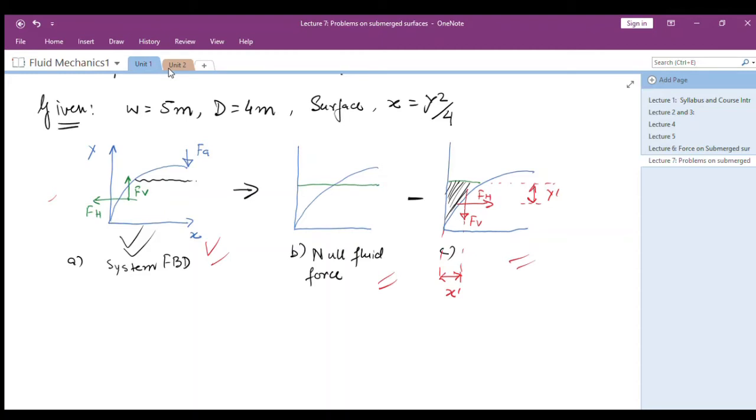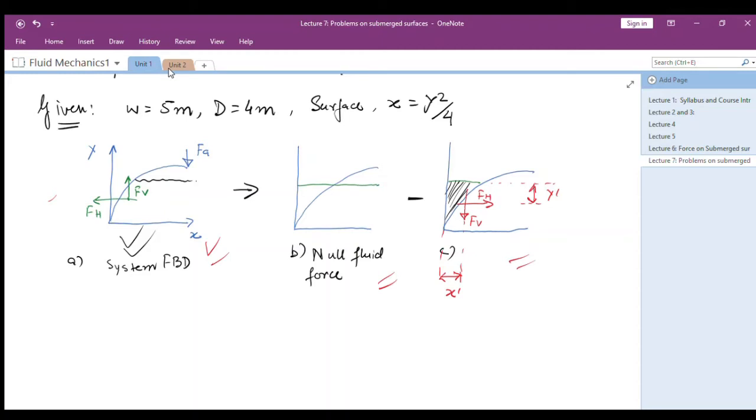The magnitude and location of the vertical force are given by the weight and location of the centroid of the fluid above the gate. Similarly, the horizontal force is given by the force on an equivalent flat surface. We talked about it in our lecture before, that if you want to know how much my horizontal force is, then it makes no difference if your surface is curved, straight, or of whichever shape.